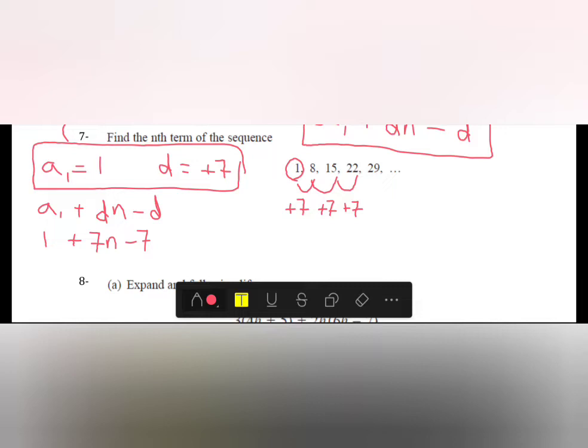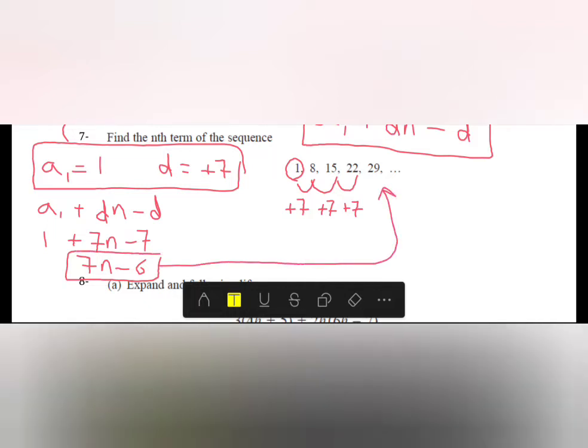Now, we simplify the formula or this term as much as we can. So here we have 1, and here we have negative 7. So when you work them out together, you'll get negative 6. So the final answer will be 7n negative 6. And this is the nth term of this sequence.